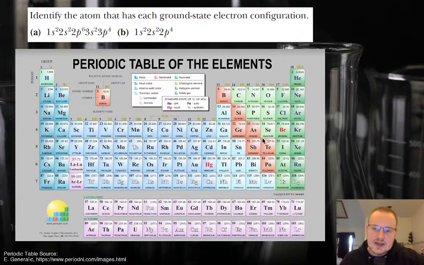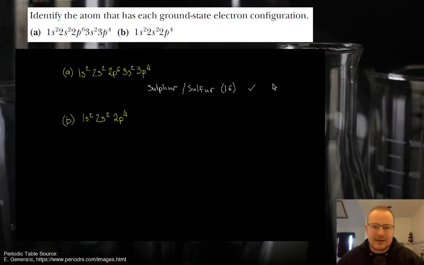And all of these have reasonably similar electronic properties because the outer or valence shell has the same general configuration, ending with something p4. But going back to answering this question, oxygen is the one that ends with 2p4, so we'll write down that answer right here.